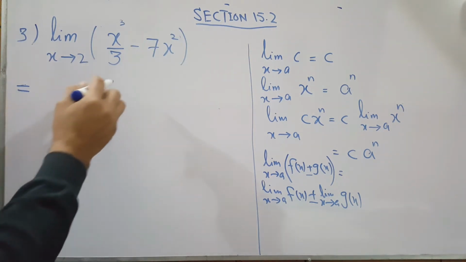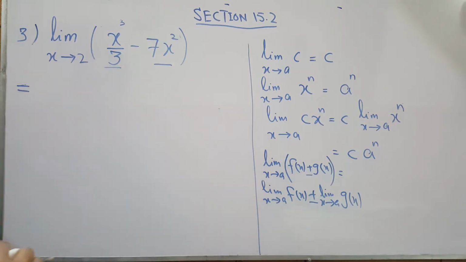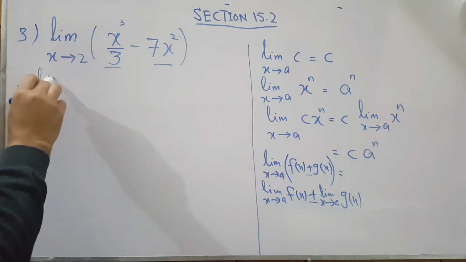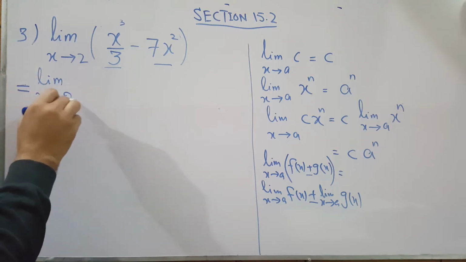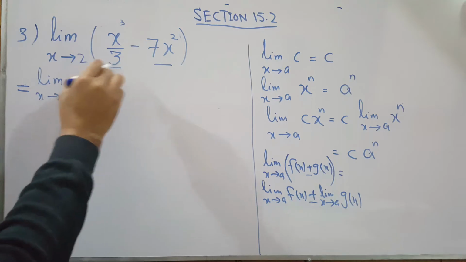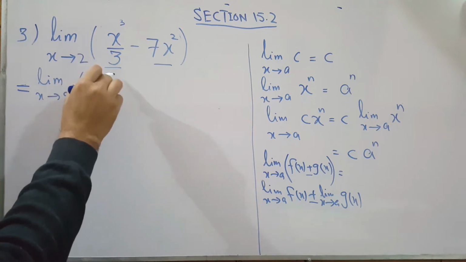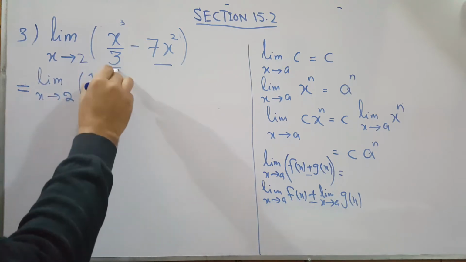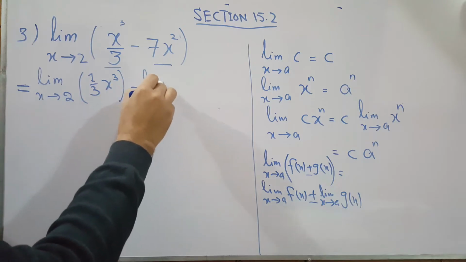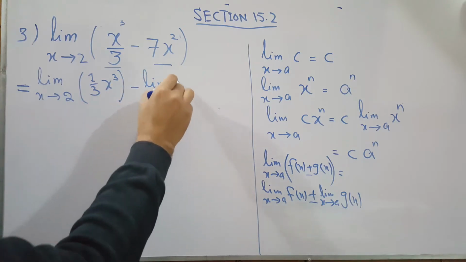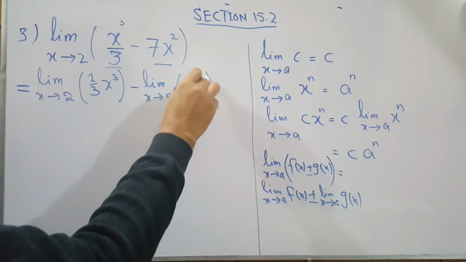In question number 3, again we have two functions, and there is subtraction between them, so you can separate them, and we can write this as limit x approaches 2 of 1 over 3 x power 3 minus limit x approaches 2 of 7x squared.